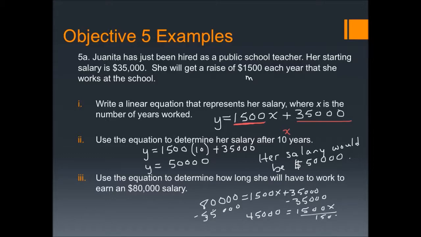Divide by 1,500. I'm out of room, but it's okay. And 45,000 divided by 1,500 would be 30. So we're saying she'd have to work 30 years to earn an $80,000 salary.